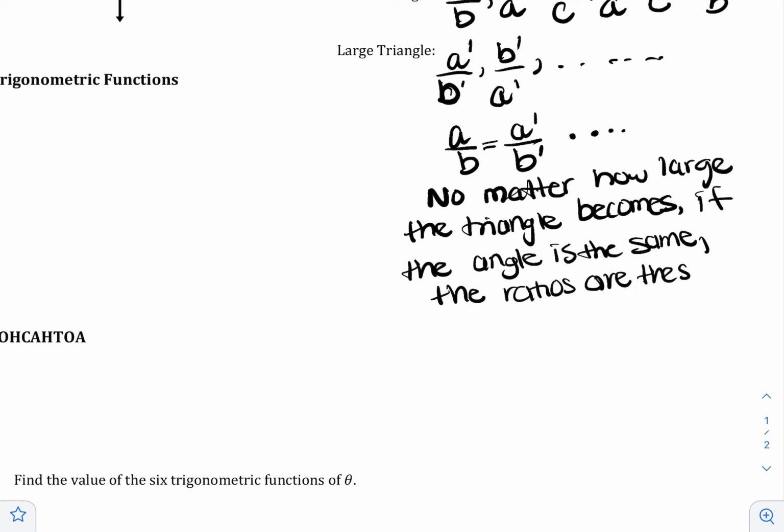So your legs and your hypotenuse can get huge, but when you put them over each other, they will reduce to be the same. So for example, 1/2 and 4/8. So 1 and 2 are smaller than 4 and 8, but 1/2 is the same ratio as 4/8. So again, the key is really the angle.